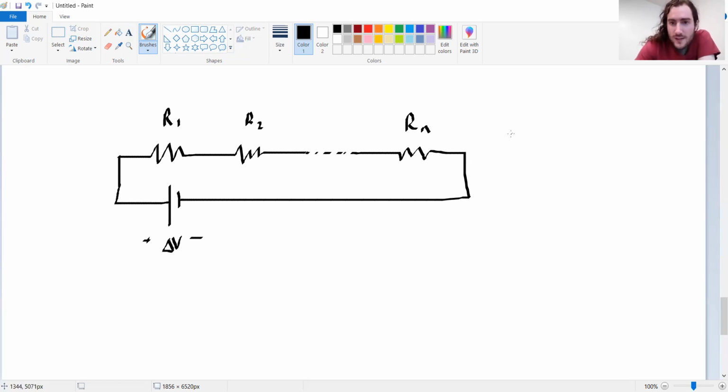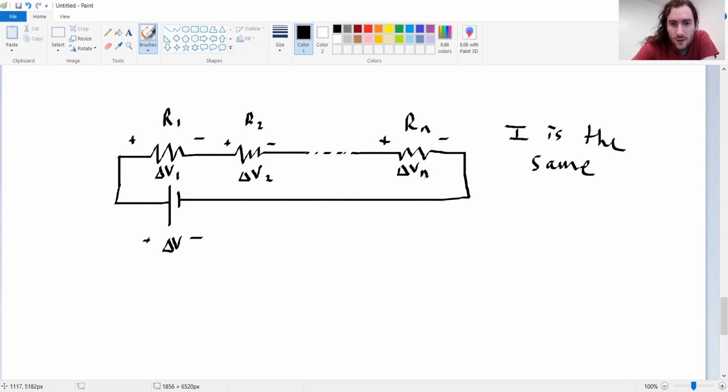All of these are in series, and we already said that the current I is the same. So it's not the voltage that is the same anymore. The voltage is changing as we cross each of these resistors. There's a voltage drop, delta V1, delta V2, all the way out to delta V sub n.